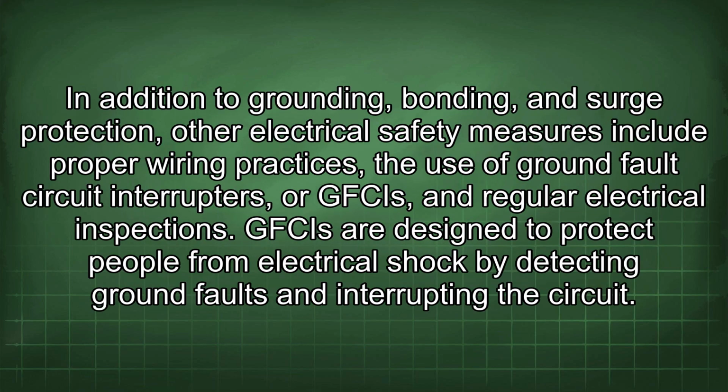In addition to grounding, bonding, and surge protection, other electrical safety measures include proper wiring practices, the use of ground fault circuit interrupters, or GFCIs, and regular electrical inspections. GFCIs are designed to protect people from electrical shock by detecting ground faults and interrupting the circuit.